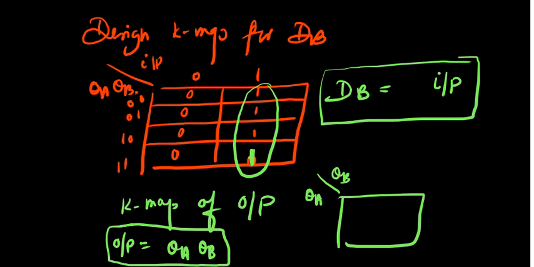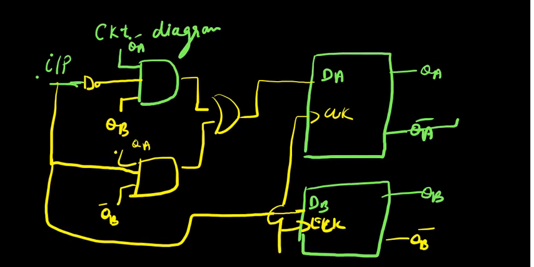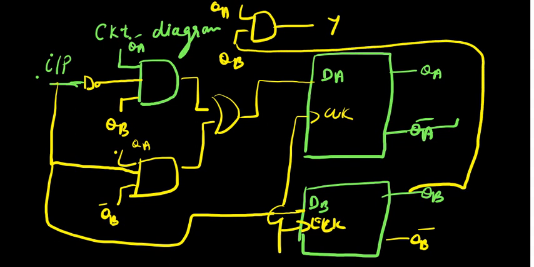Next is how would you write the output? The output is QA, QB. So here, QA, QB. So we have to connect QB and QA. So if you implement this circuit and you provide an arbitrary sequence here, whenever 101 is received, this output will become 1.